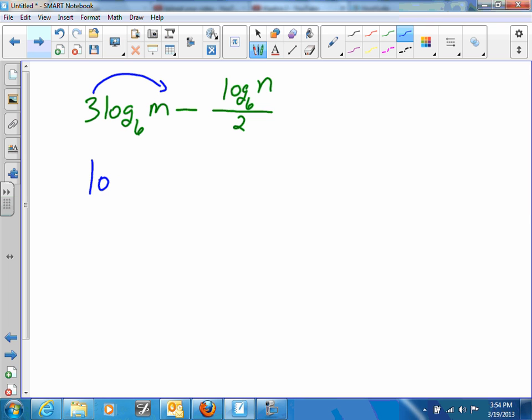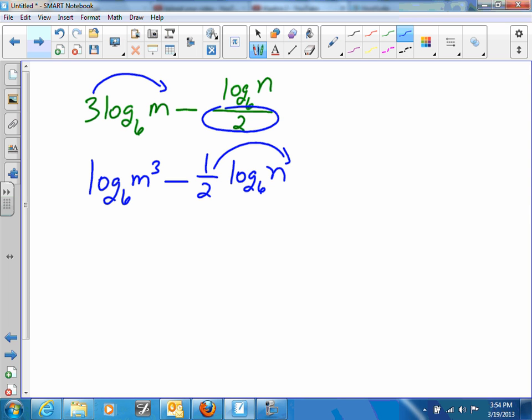So this is log base 6 of m to the third minus. Now remember, that right there is actually 1/2 log base 6 of n. Now I'm going to bring that back as a power, and I have log base 6 of m to the third minus log base 6 of n to the 1/2.